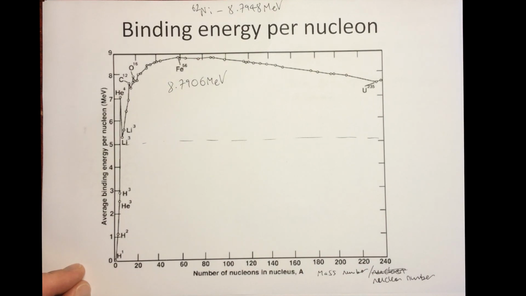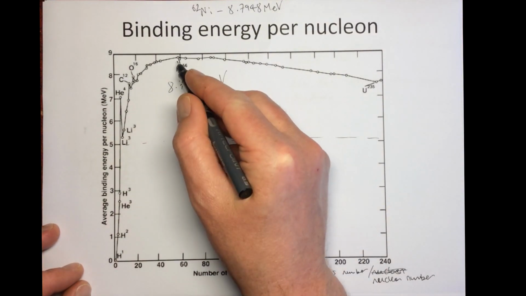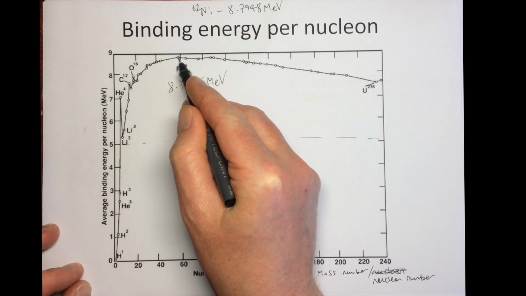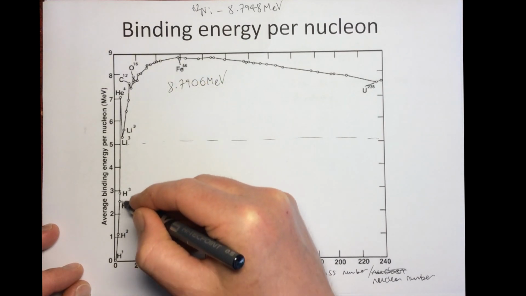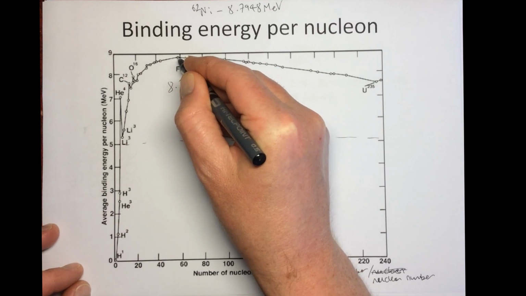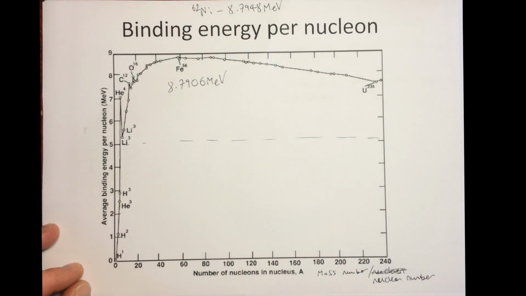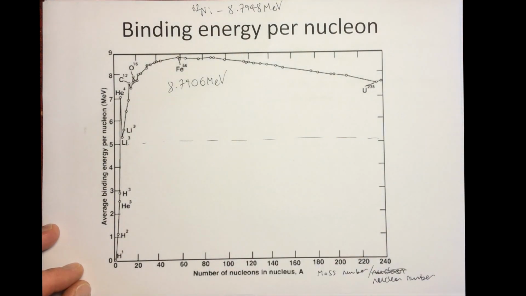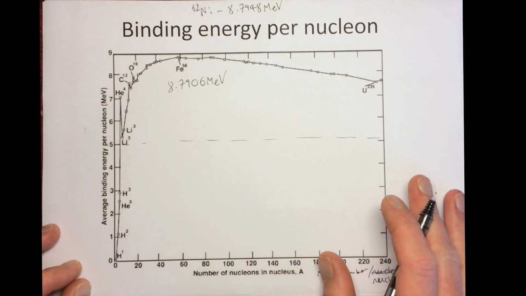Now, what we need to do is try and understand why, as we get more nucleons in the nucleus up to iron, there's a greater binding energy per nucleon, but beyond iron, the binding energy per nucleon decreases. Why is that the case?